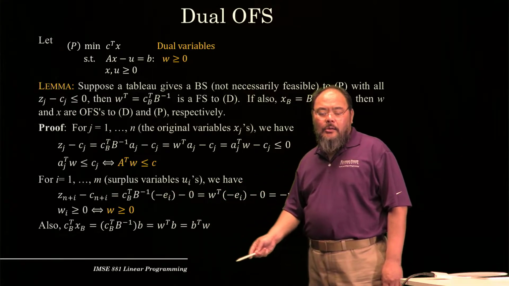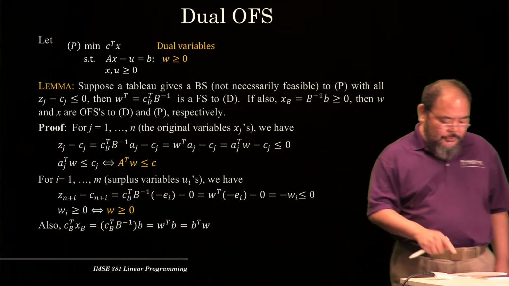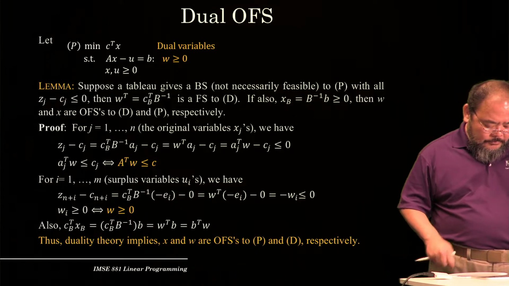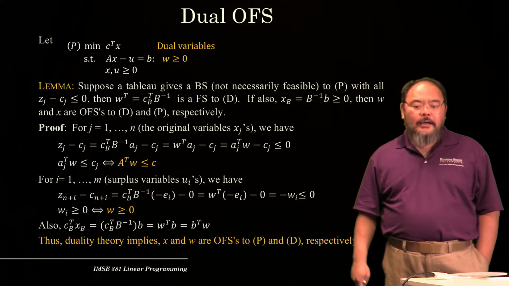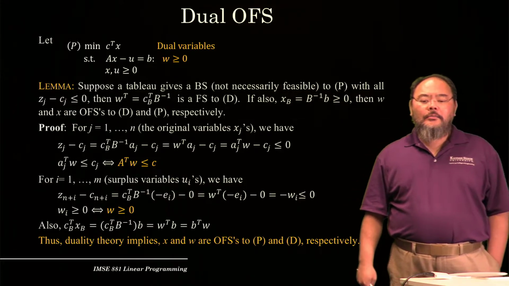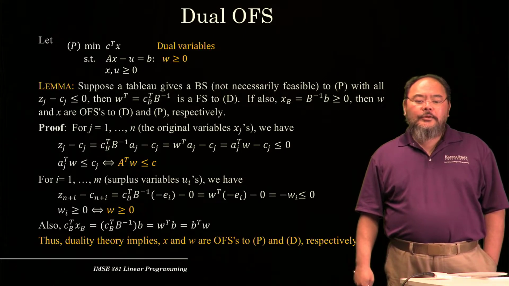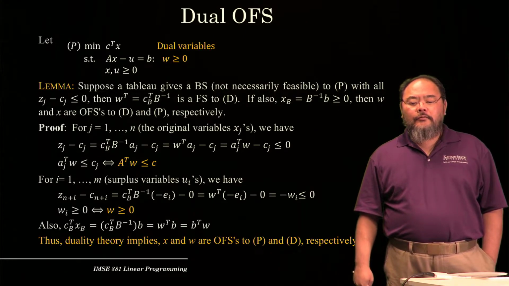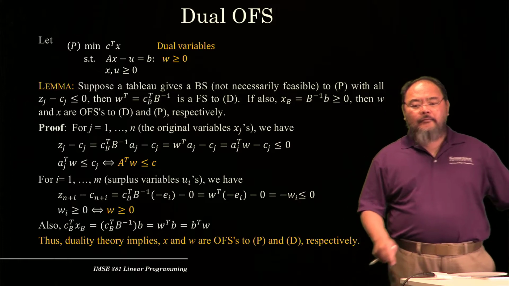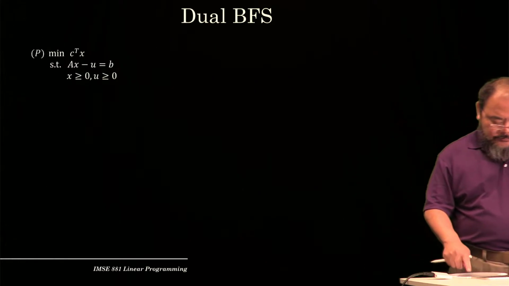Once they are equal, this is the optimal solution. Okay, so that implies both x and omega are the optimal feasible solutions for the primal problem and for the dual problem respectively.